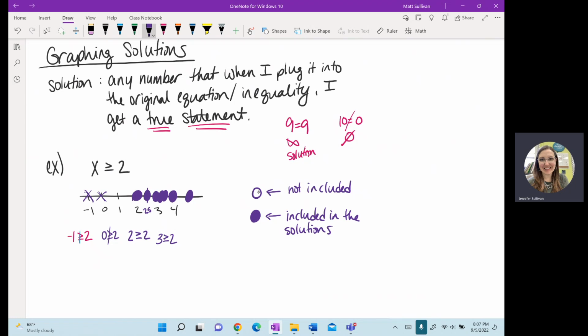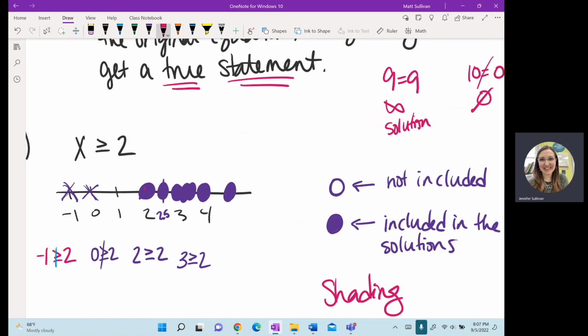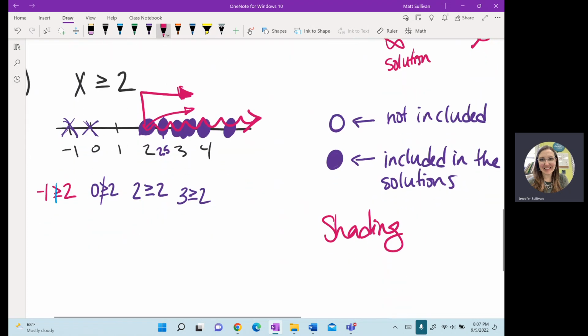Not only does my graph include an open or closed circle, but it also has to include some shading. With your shading, I've seen different things. Some people like to draw it kind of like this, to show that we're going to go this direction. I've seen it with more of a curve, and I've seen it with a little squiggle line. All of this is good. I have no problem with any of these different ways of shading.